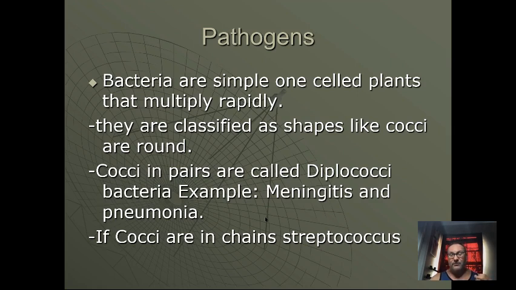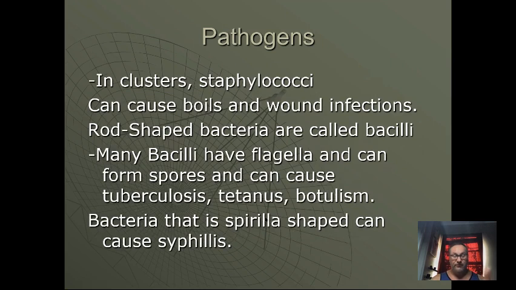Keep that in mind when you think about how these pathogens are created, especially bacteria, because we know antibiotics only work on bacterial infection, not viral. If we have clusters like grapes put together, that's considered staph. And we know staph is no bueno, no good. It can cause boils and wound infection.